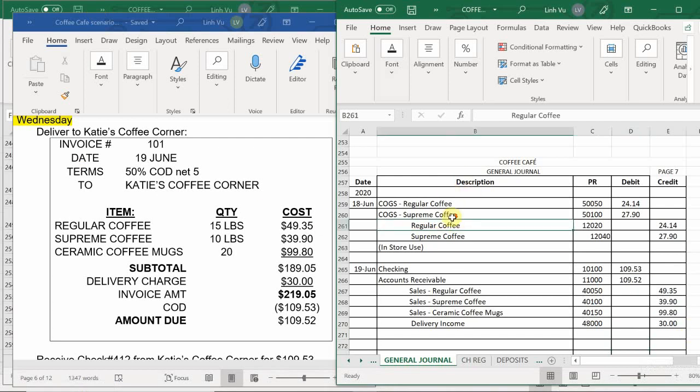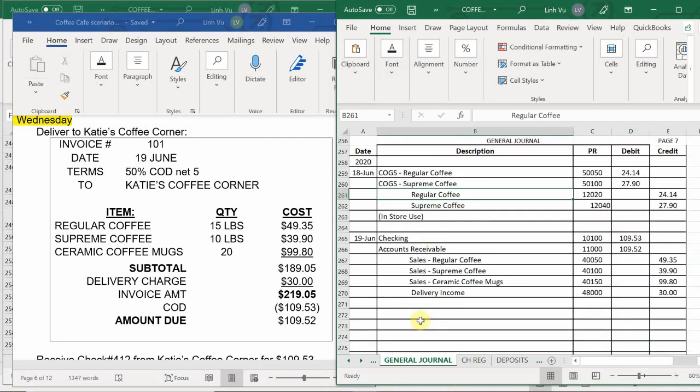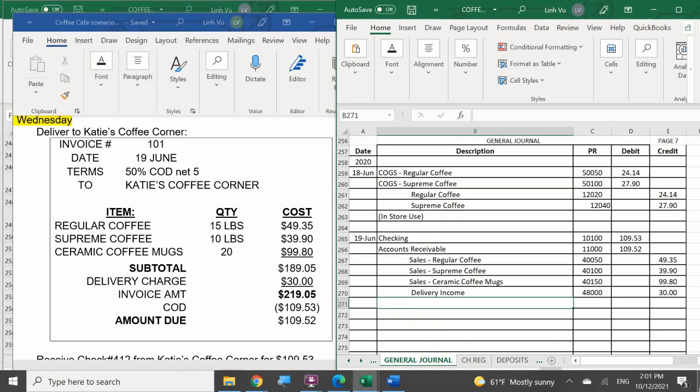So then here we have enough information to write our description, right? So in this case, who is this customer? Katie's Coffee Corner. Okay. What invoice number did I bill this Katie? 101.